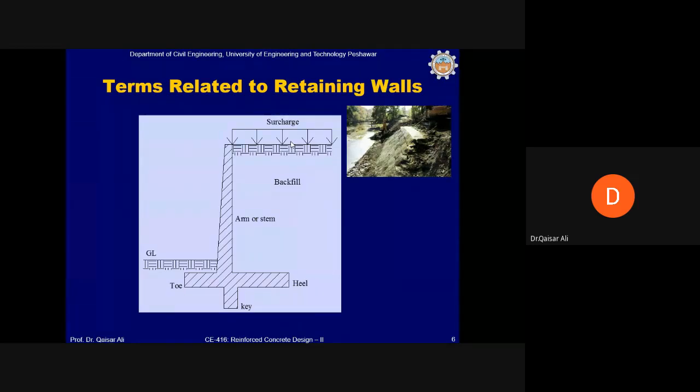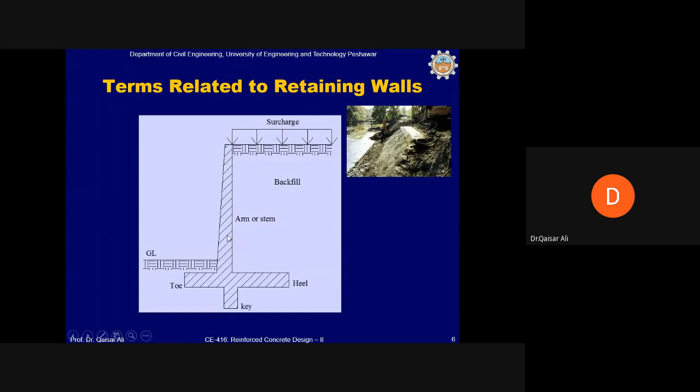For example, a truck of sand unloaded on the backfill will give us a surcharge load in a triangular pattern. It is very obvious that any load over and above the backfill, which is called a surcharge, will also increase the pressure on the retaining wall.